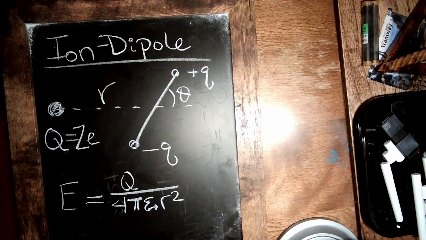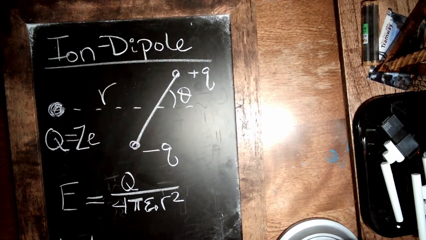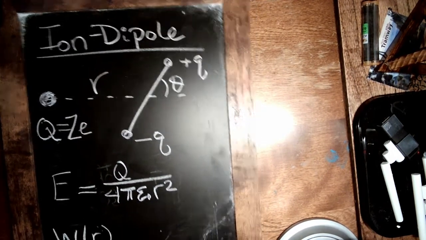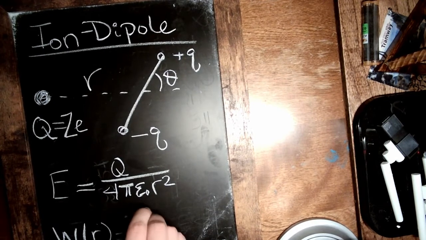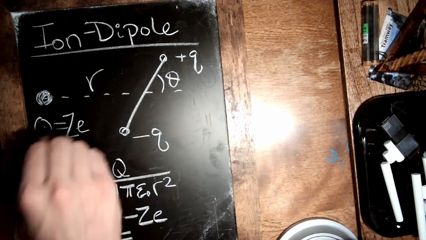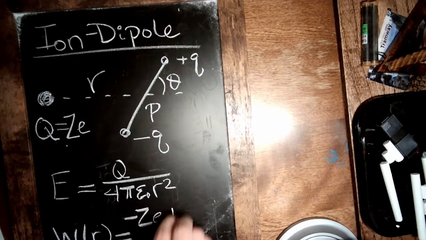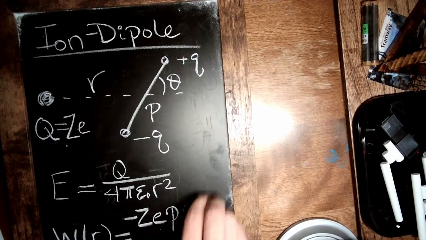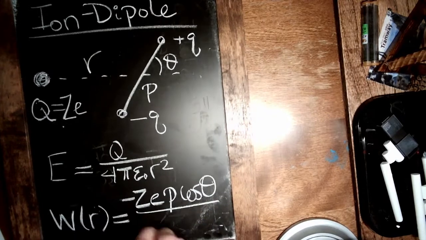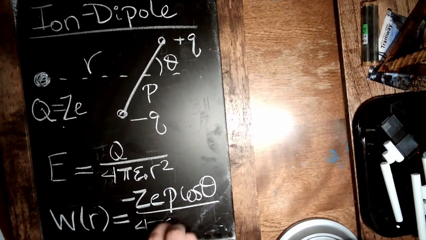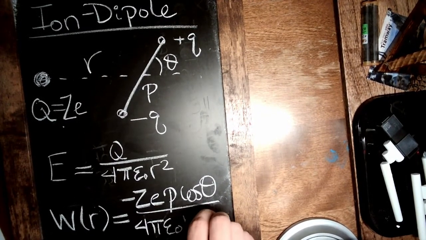The interaction energy tends to just be given as the following. W of r is equal to minus Z times Z, since that's what Q is in our example, the magnitude of the dipole P and the cosine of the angle, divided by 4 pi epsilon 0 r squared.